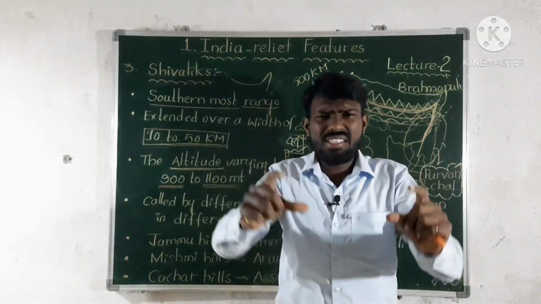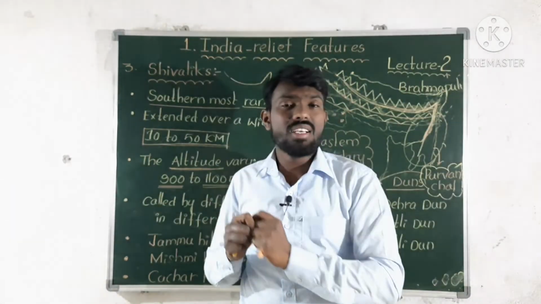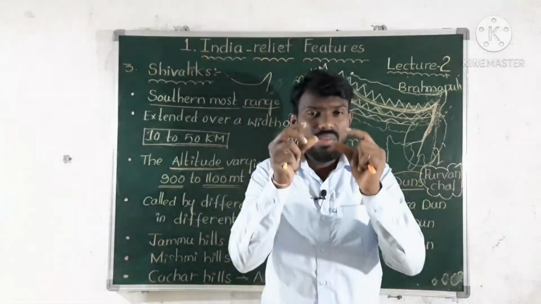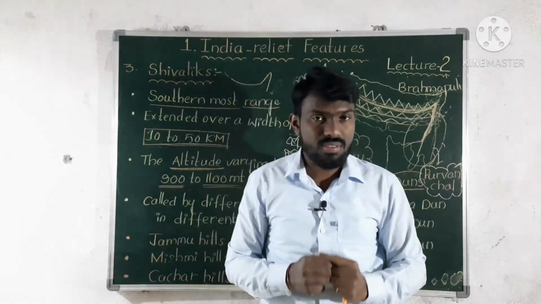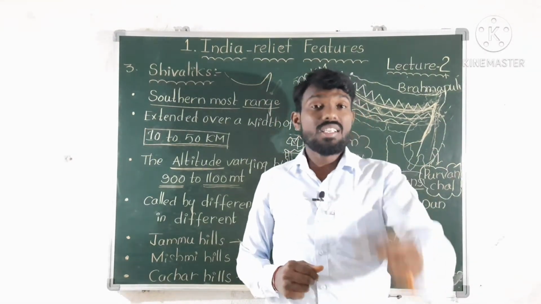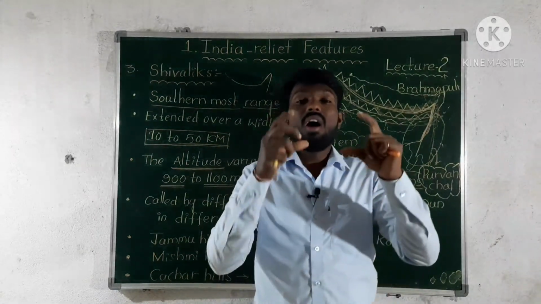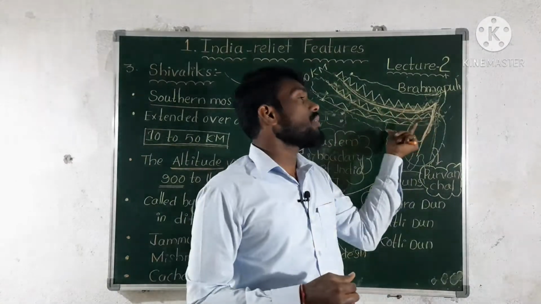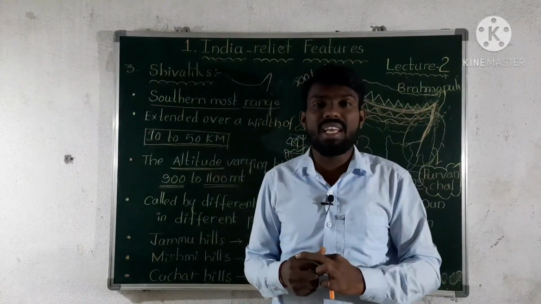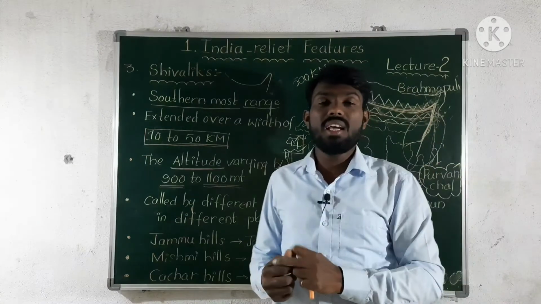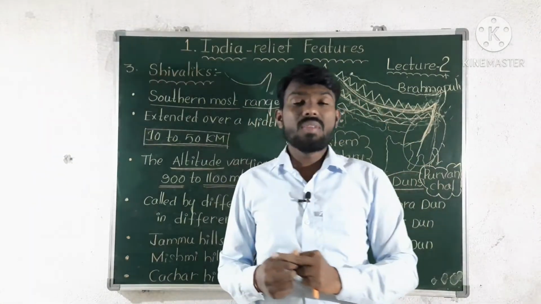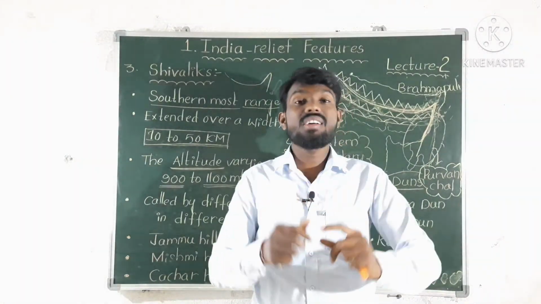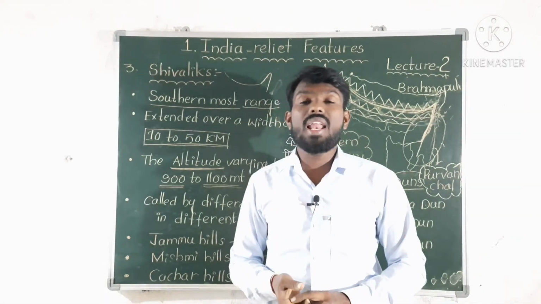As these perennial rivers flow, they deposit fine alluvium and silt, which is very useful for the growth of crops. This makes the northern plains of India fertile, encouraging the production of food. So these are the uses of the Himalayas.